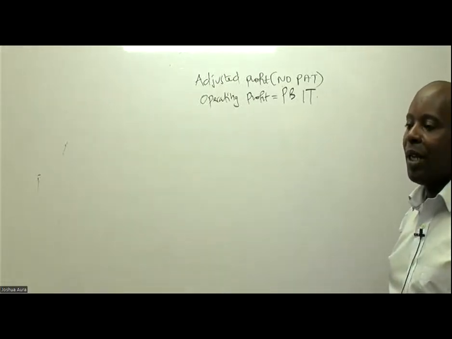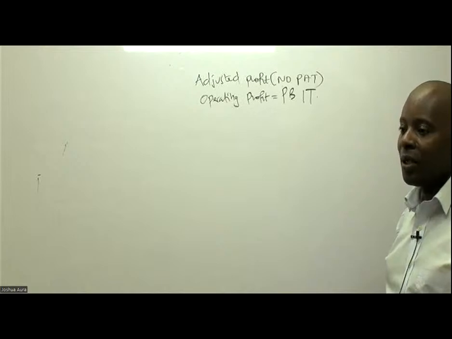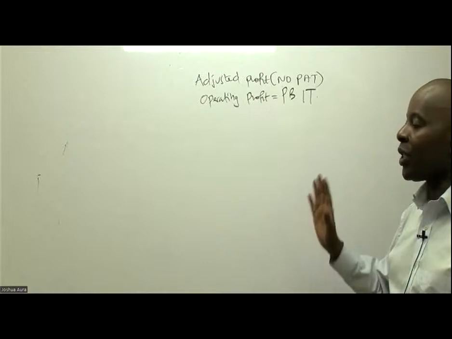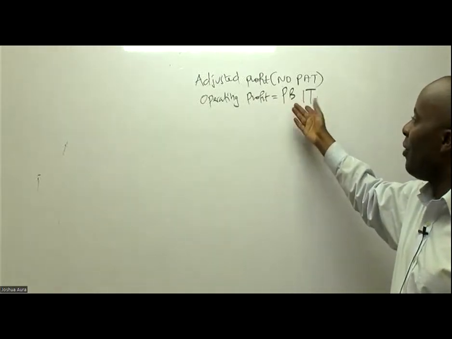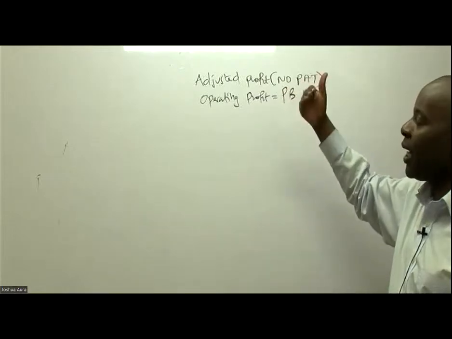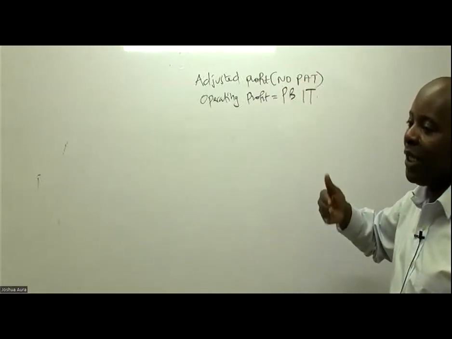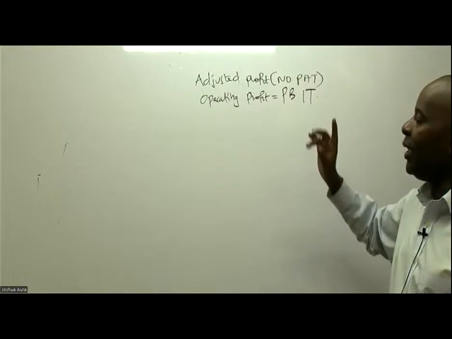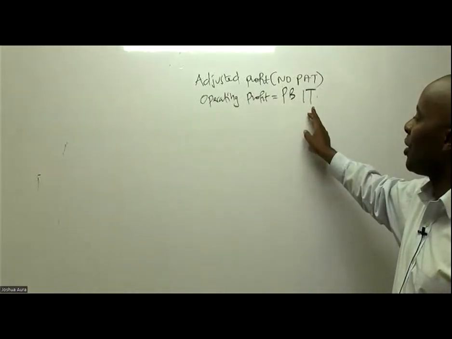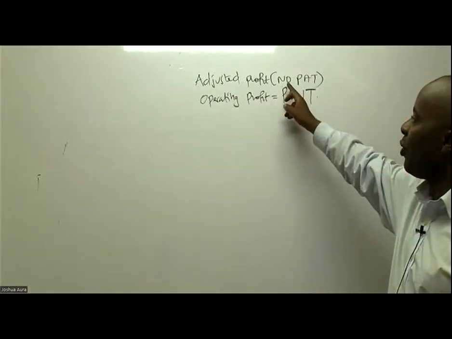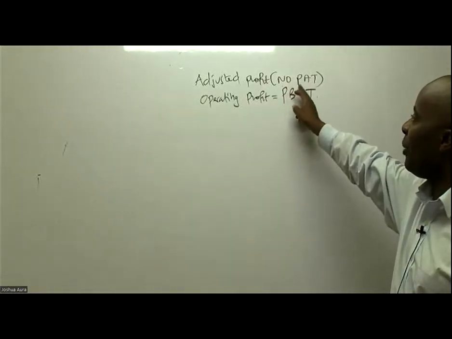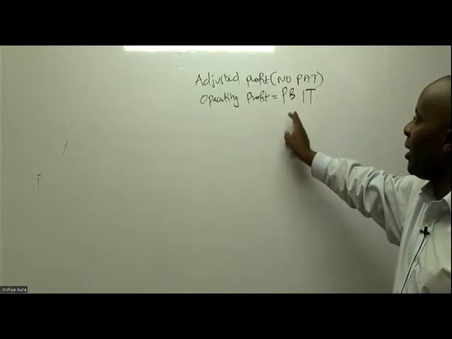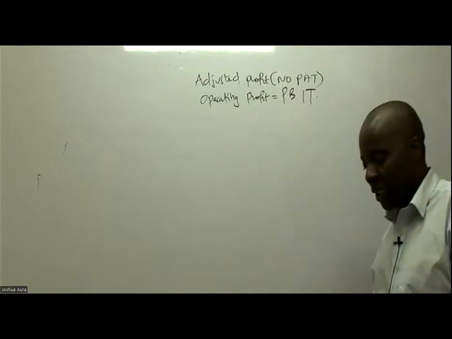To get this PBIT is very easy: just look at all the items affecting our profitability and leave out the interest and the tax. Later on, of course, you'll be required to adjust to get net operating profit after tax, and there the tax aspect will come in. Now listen to me very well.